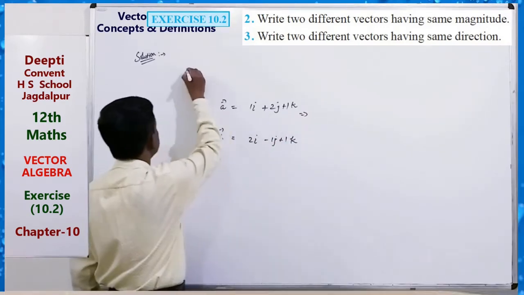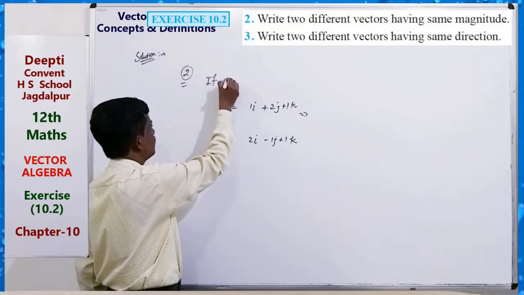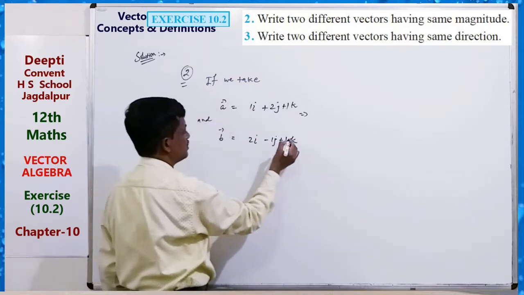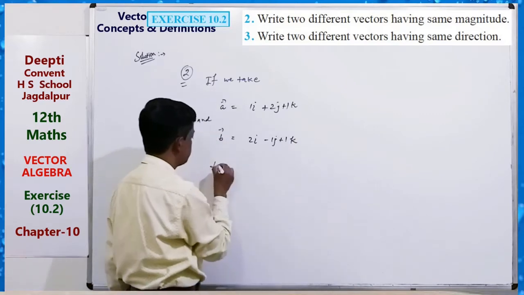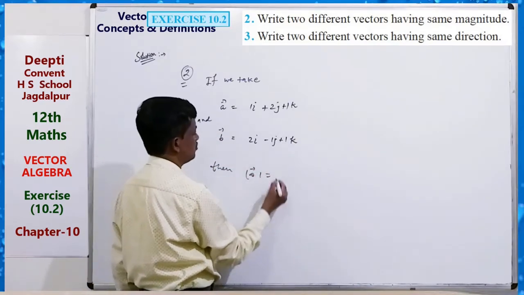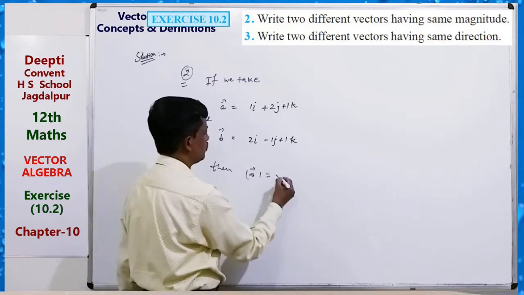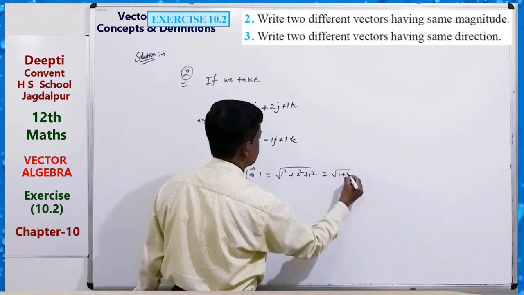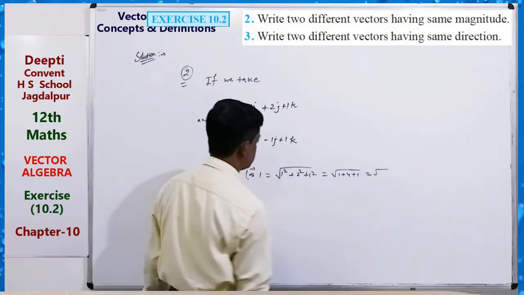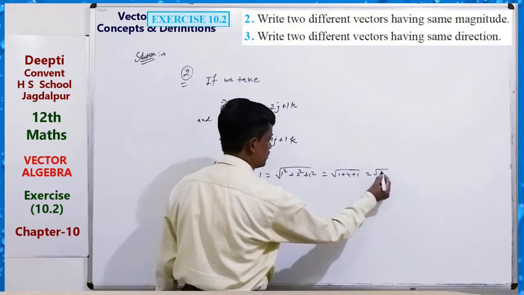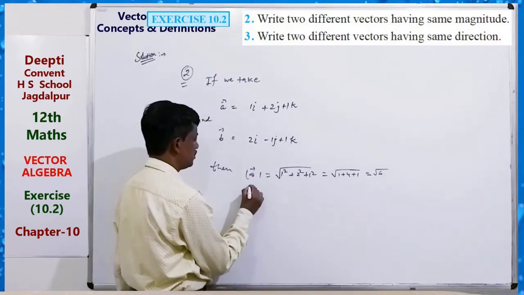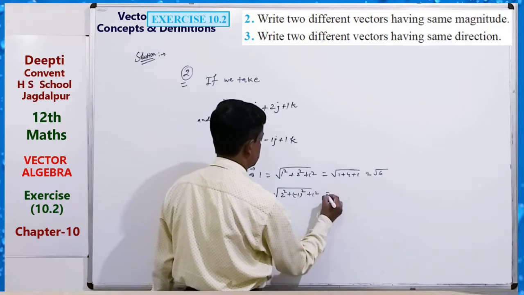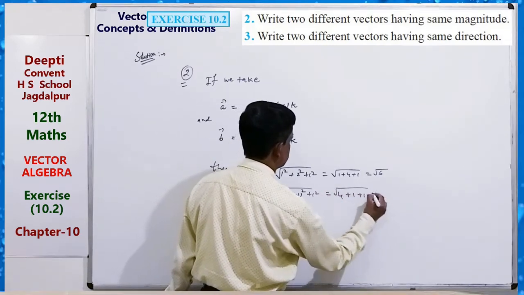Magnitude of A is root of 1 square plus 2 square plus 1 square, which is 1 plus 4 plus 1, root 6. Magnitude of B is root of 2 square plus 1 square plus 1 square, which is 4 plus 1 plus 1, root 6.